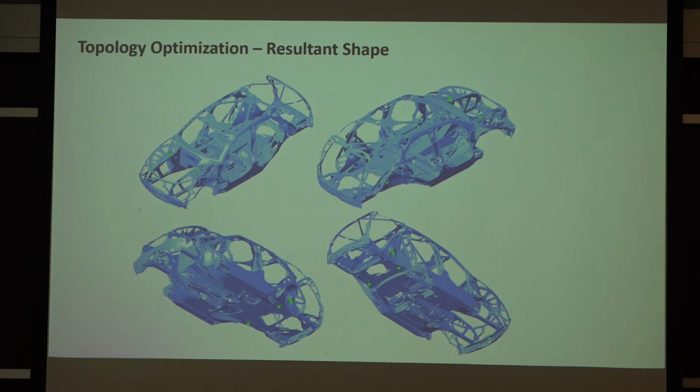Some of the load paths that the optimizer chose are not so intuitive. That's, I think, the most interesting part about this: you can't just think your way through this. You can actually get a lighter solution through using numerical optimization tools and finite element analysis connected together.